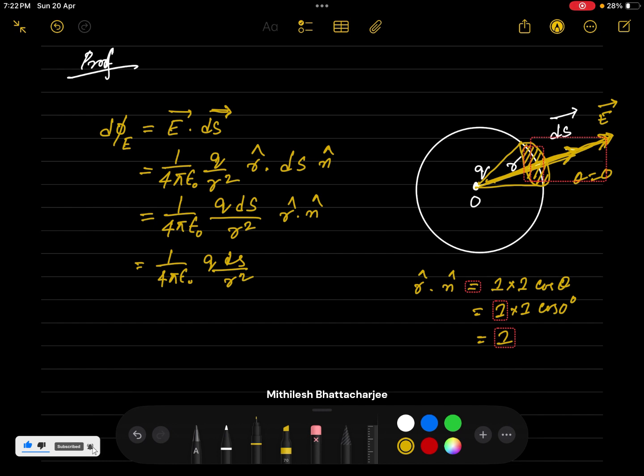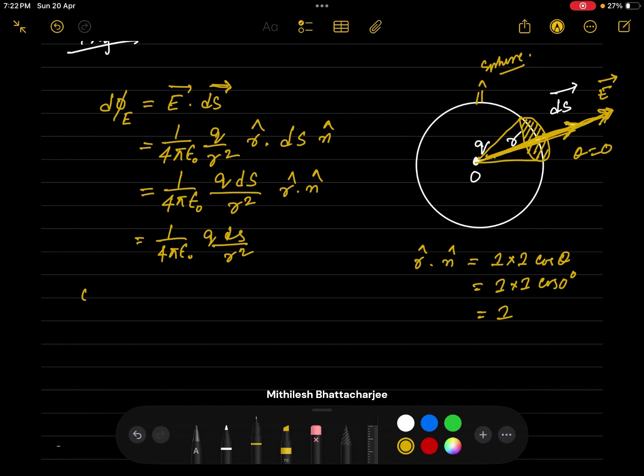Now the electric flux through the closed surface of the sphere. Just now we considered this sphere surface. So the electric flux of the whole sphere is denoted as phi e, which is the surface integral of E dot ds.